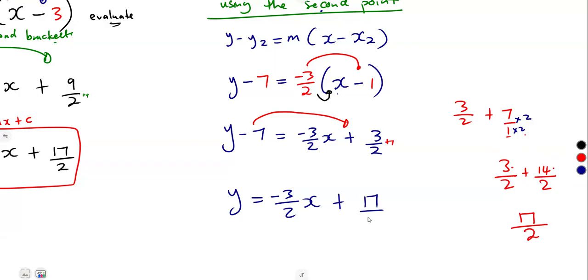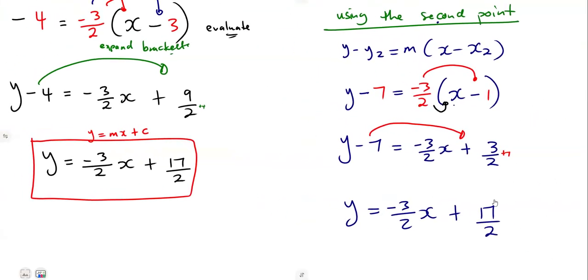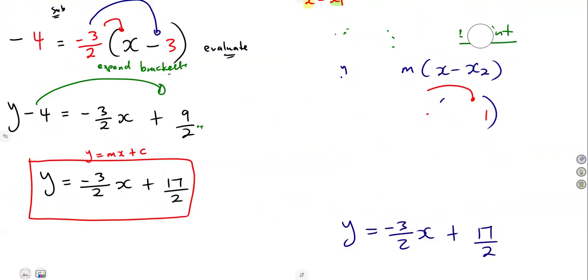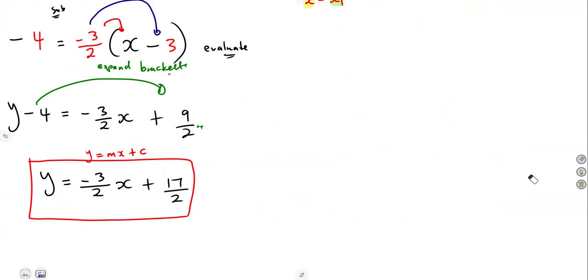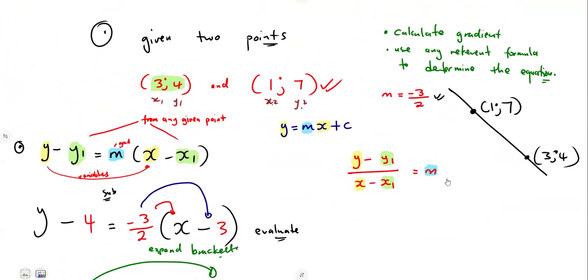As we can see, it is the same answer as before, even if we work it from the second point. This is just a proof to say your equation here is correct. Even from the second point, we are still obtaining the same answer. So that is how you determine your equation of the straight line from that general formula, and you have your answer at the end depending on the instruction.